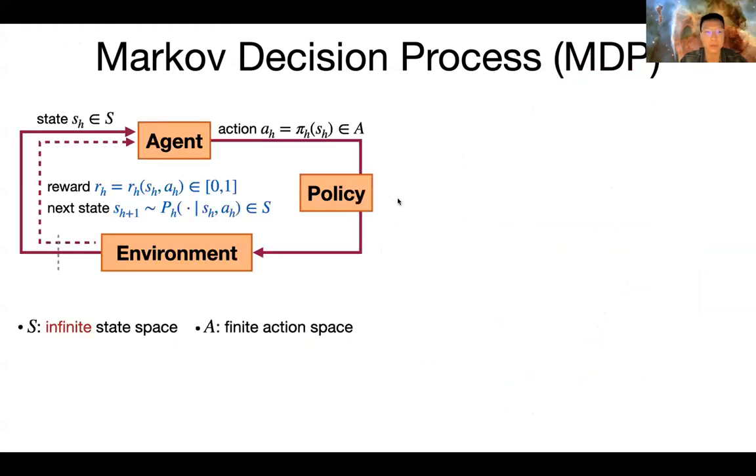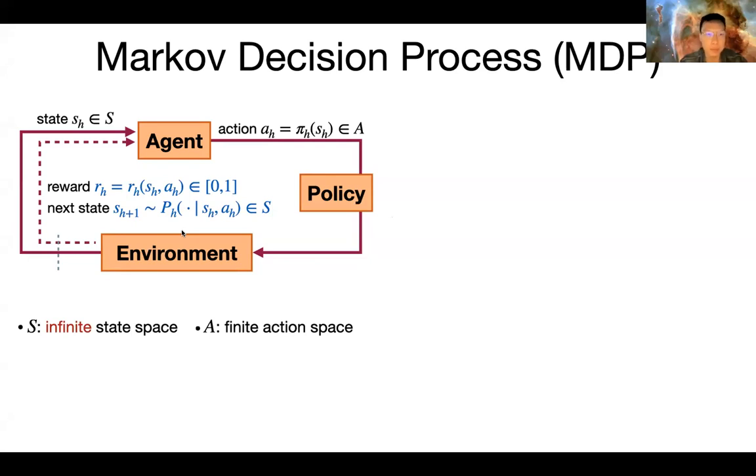And now I would like to directly jump to the details of reinforcement learning. I will briefly introduce some background of reinforcement learning. I believe the audience is very familiar with this. So our model is, we consider this episodic MDP, Markov decision process model.